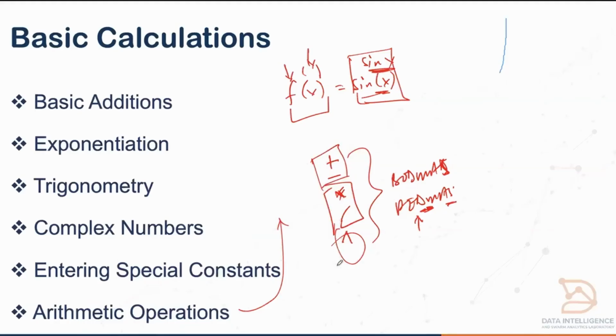However, if you want to break the protocol of this ordering, then the P, the parenthesis, or the bracket is used to break the order in which they should be executed. Okay. And now you know how to do addition, subtraction, multiplication, division, and exponentiation in Matlab.